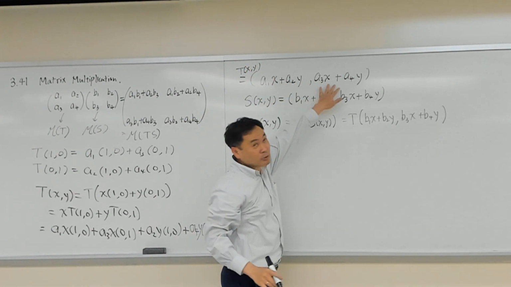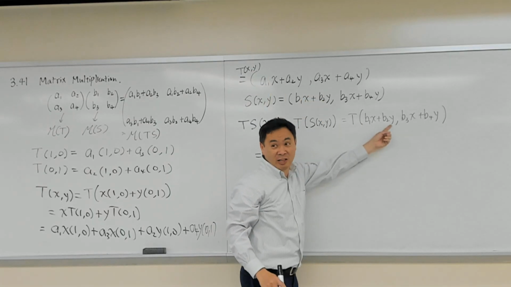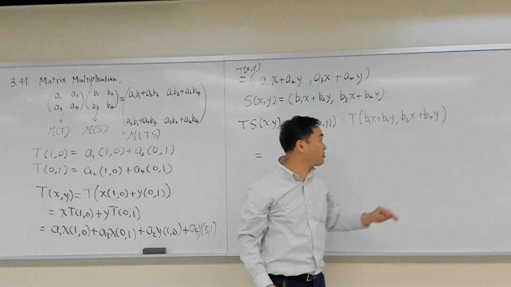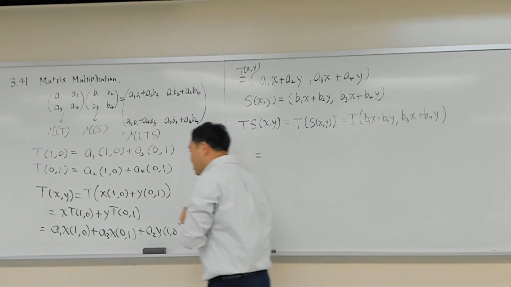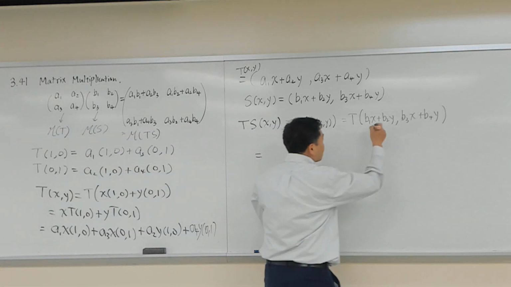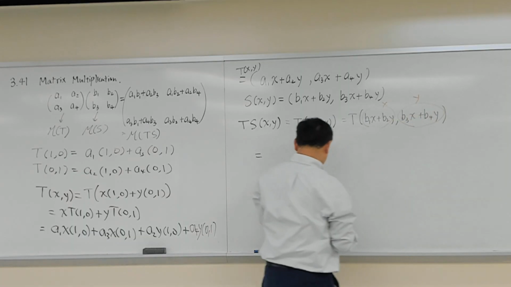This is a formula for x and y, but instead of x we have this complicated stuff, and instead of y, we have this complicated stuff. So we have to be really careful. So let me use a different color so that we don't get confused.